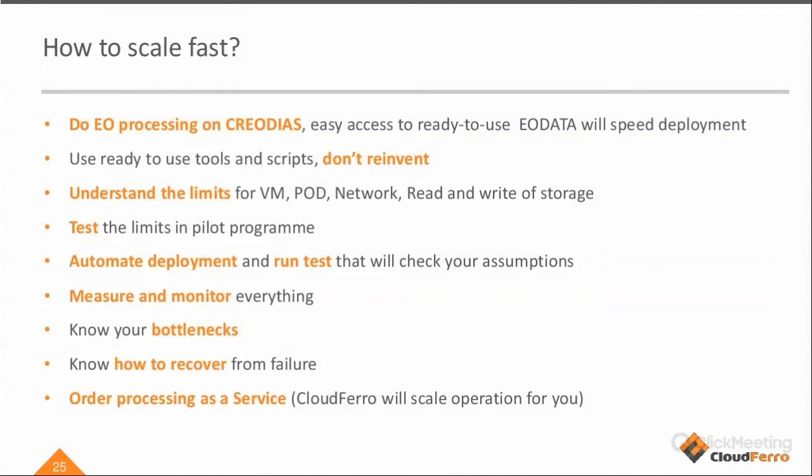The next thing is that you should know what your current bottleneck is. You have to understand which component stops you from getting more performance. Is it network bound? Is it compute bound? Is it storage bound?